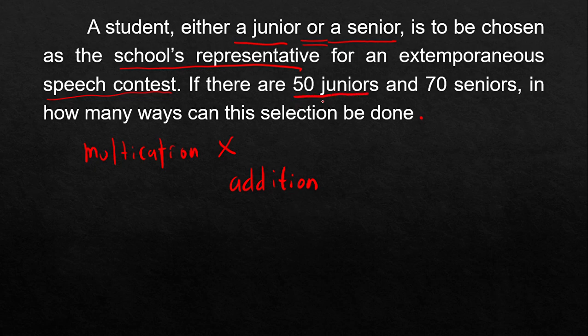You are choosing a representative, then you multiply them? Not possible, because you are just choosing one from the juniors and seniors. We are not asked how many possible outcomes. You are just selecting from the total number of juniors and seniors.